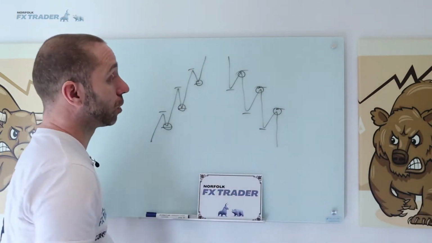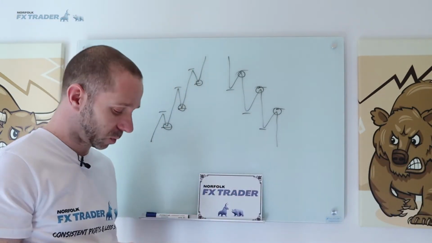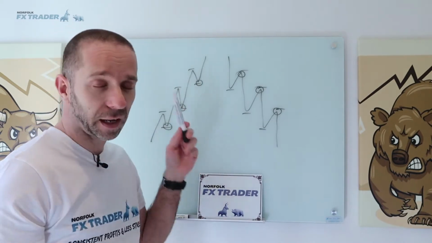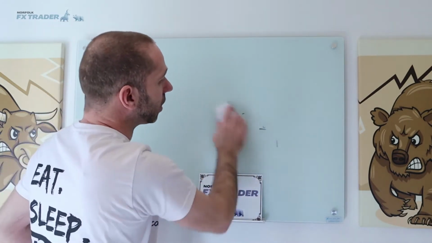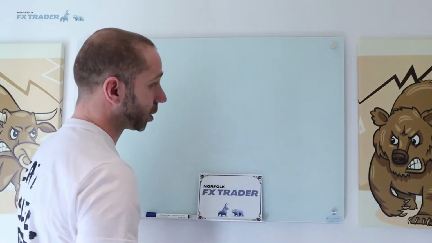This is crucial for you to understand: the concept of a trend with the higher lows and the lower highs. Let's now go to the next part, understanding market structure. This is going to help you identify when the market reverses and where an area of supply will be formed.